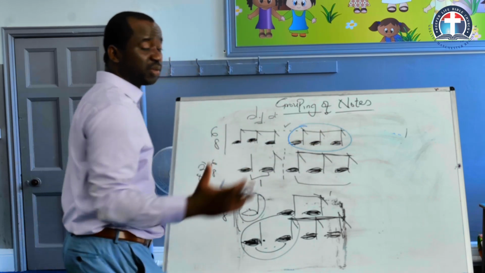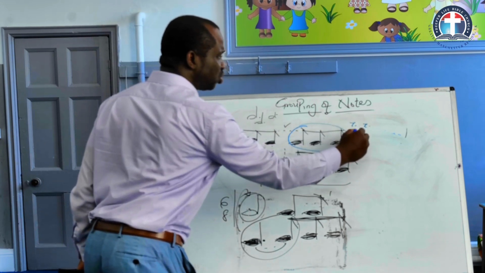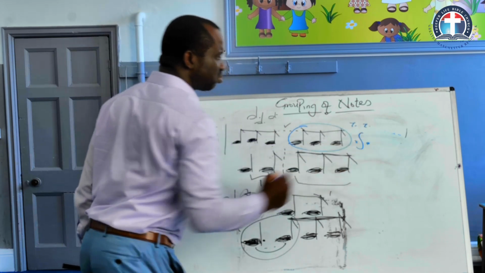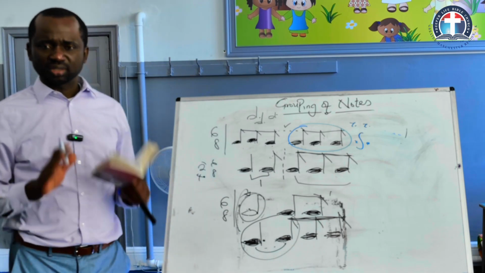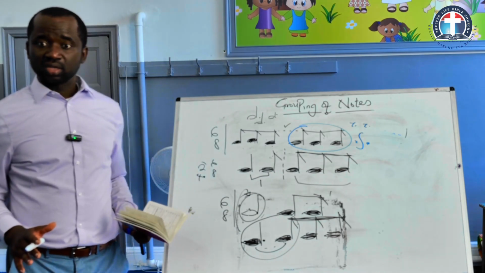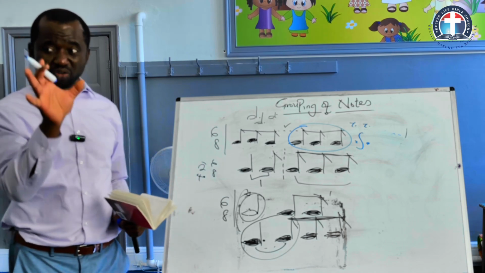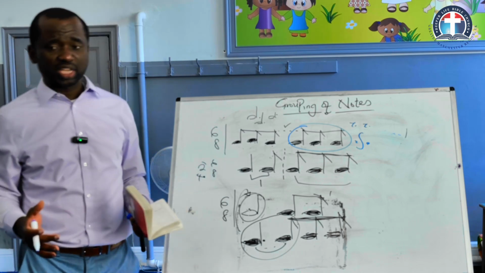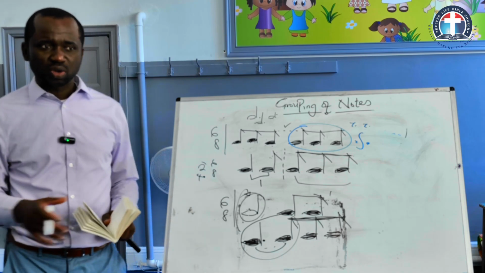Everything here is rest. That's a silent beat. You don't need to be adding these. Just use a dotted crochet rest to represent a silent beat. Whatever the value of that beat is, if it is a dotted crochet, put the beat there. Don't start dividing the beat into smaller pieces.